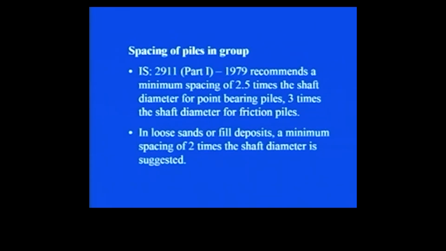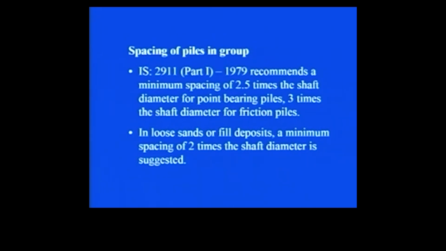In loose sands or fill deposits, a minimum spacing of 2 times the shaft diameter is suggested. So, depending on the type of soil in which the piles are to be installed, the spacing also varies. We have to take this into account, and these are site specific.